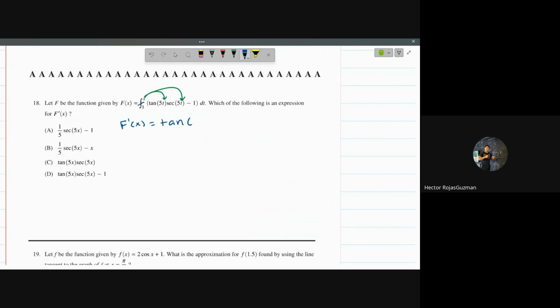So tangent of 5x, secant of 5x minus 1. And all of that should be in parentheses because then you're going to multiply times the derivative of the limit of integration, which is just 1, right? So D is the answer.